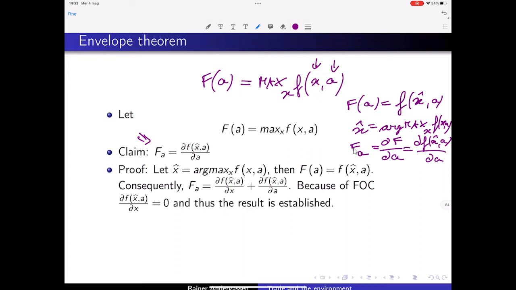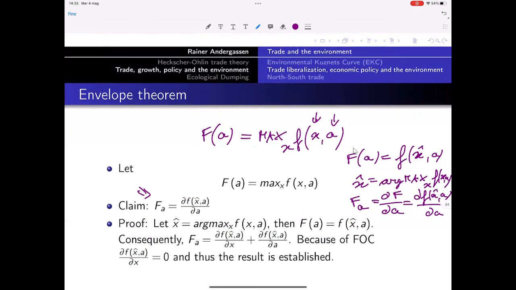In principle, you might think that a change in a affects f directly, but also indirectly through x. But the claim of the theorem is that this indirect effect is 0 because you are maximizing. Is it clear? I'm going to prove the theorem, because proving it explains why this happens.